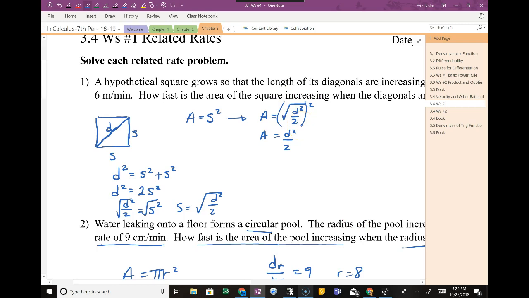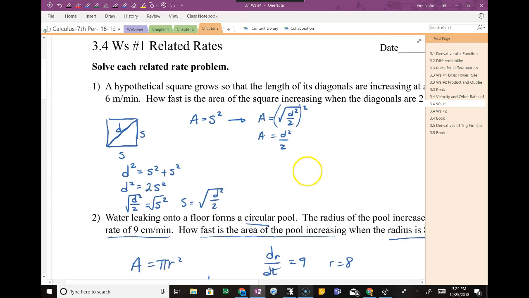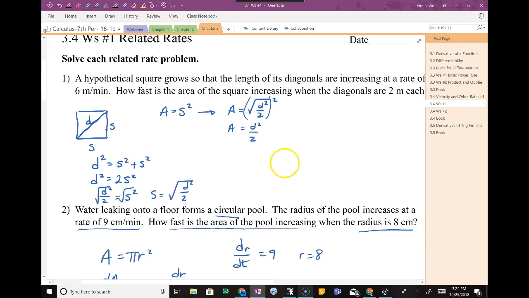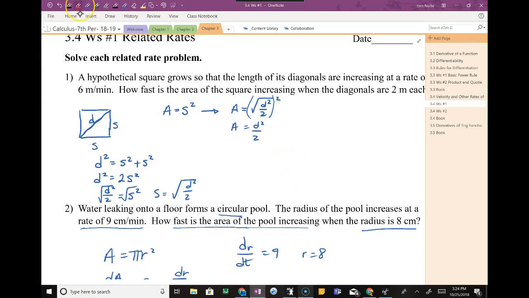Okay. Alright, so we have our equation. Before I derive this, I want to write down the given information. They said that the diagonal is increasing at a rate of... So what is the 6? The rate. It's dd/dt.